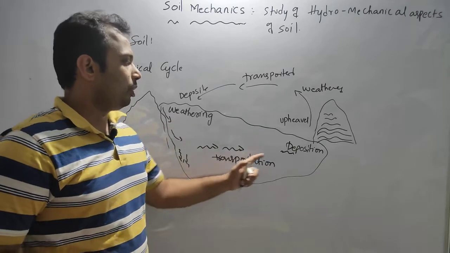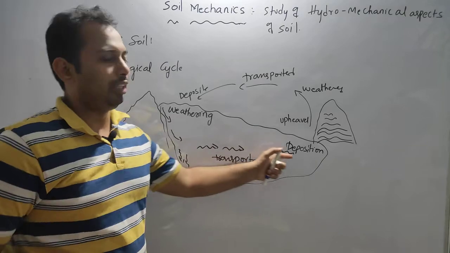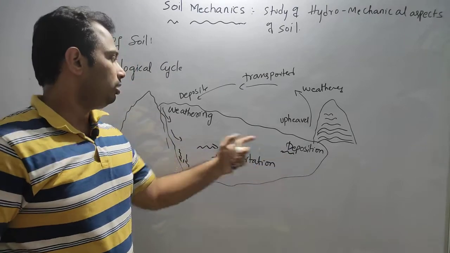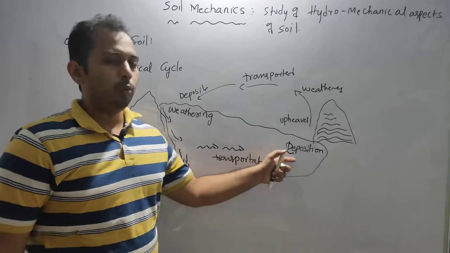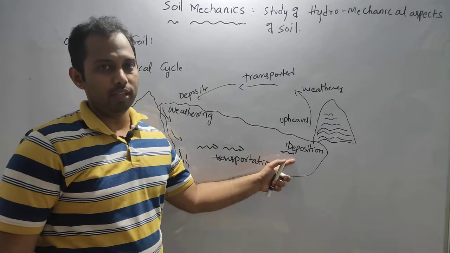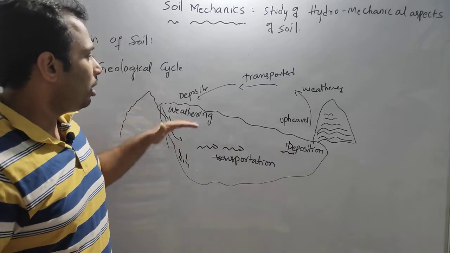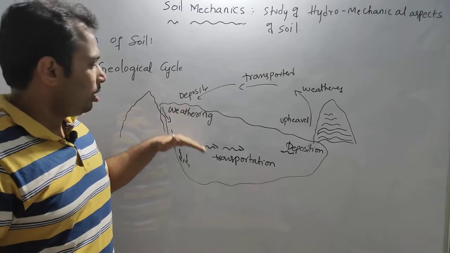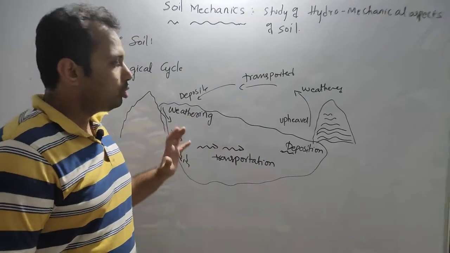Now we are going to study these three in detail: what is weathering, what are the transporting agents, what is the deposition location, and how the soil types vary upon the location of deposition. So now we will study the different stages in the geological cycle in the soil phase.